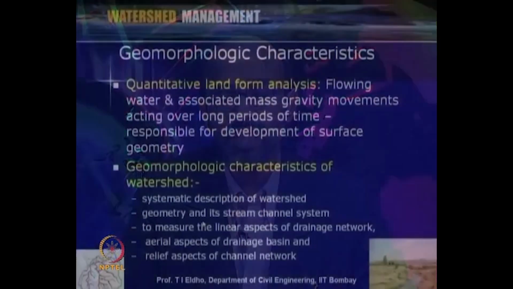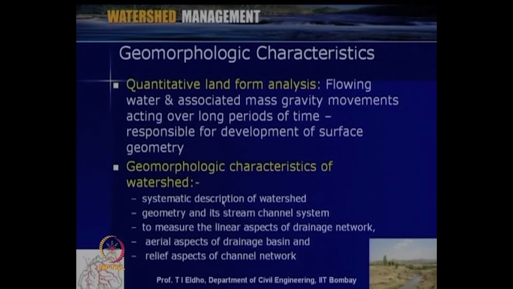As far as geomorphological characteristics of a watershed are concerned, we have to systematically describe the watershed, its geometry and its stream channel system. We have to measure the linear aspects of the drainage network, meaning how much is the length of the drainage system, then the aerial aspects of the drainage basin, and then the relief or elevation aspects of the channel network within the watershed.